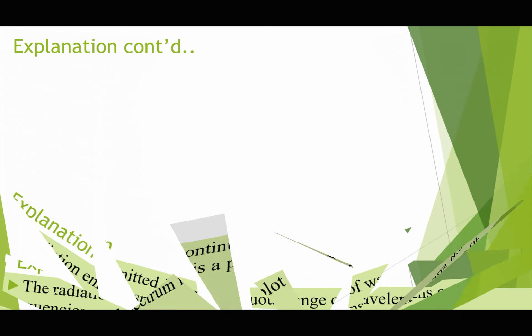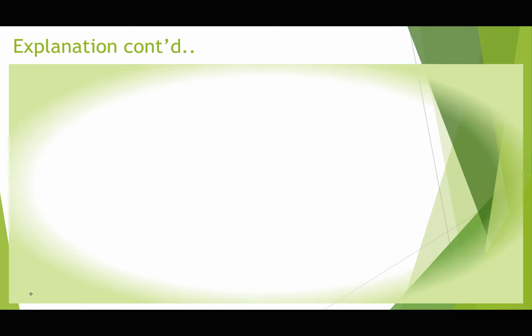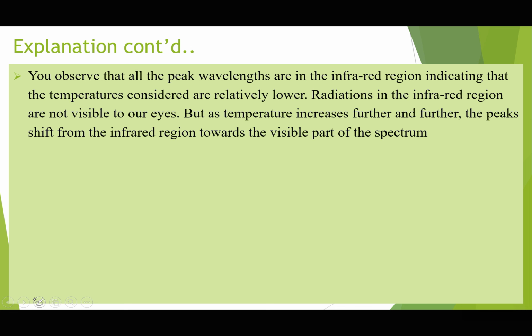Okay, so you should also have observed that all the peak wavelengths are in the infrared region. From the graph that I've drawn above, all the peak wavelengths were in the infrared region. And of course, we can't see infrared. So infrared is indicating relatively lower temperatures from the graph.